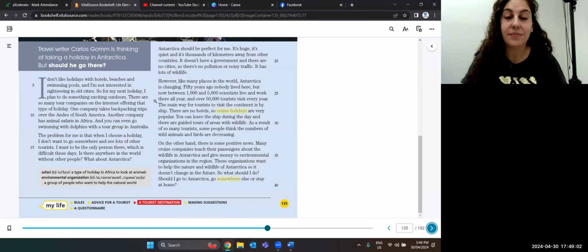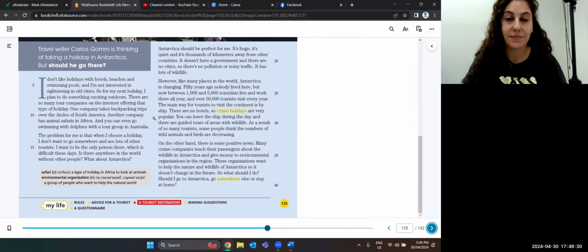And over 50,000 tourists visit every year. The main way for tourists to visit the continent is by ship. There are no hotels, so cruise holidays are very popular.